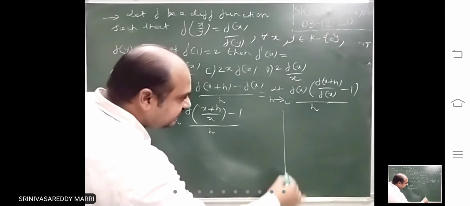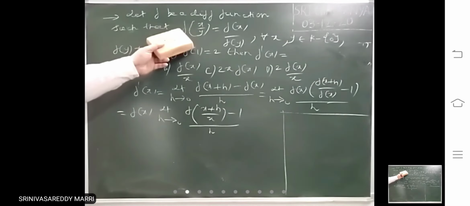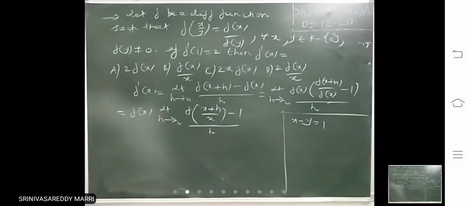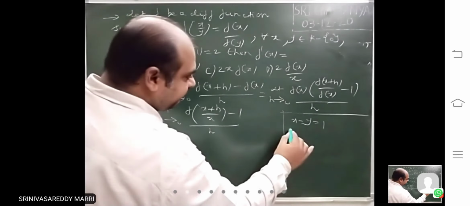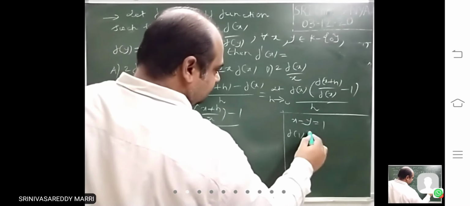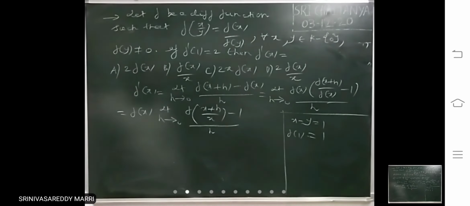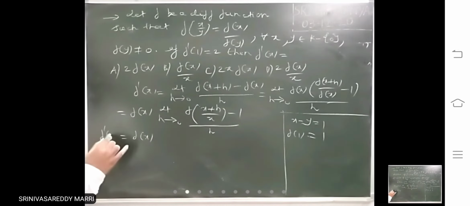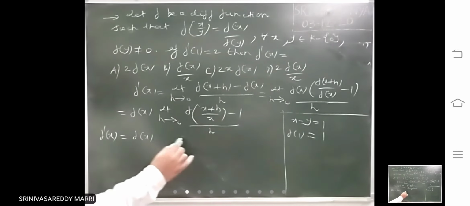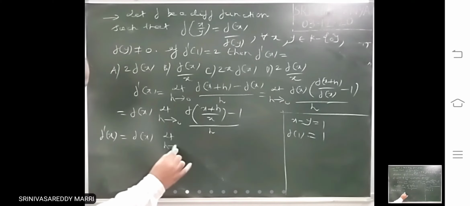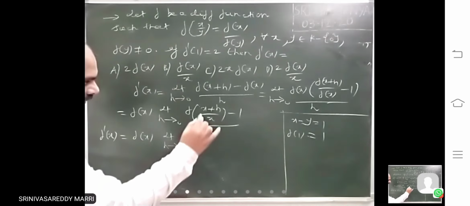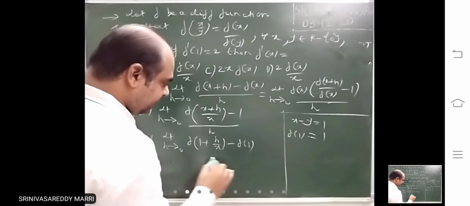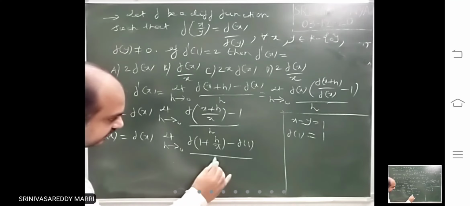Now if you observe from the given equation, put x equal to y equal to 1. You will get f of 1 equal to f of 1 divided by 1. That means 1. So what I am writing is f dash x equals f of x times the limit of f of 1 plus h by x minus f of 1, divided by h.